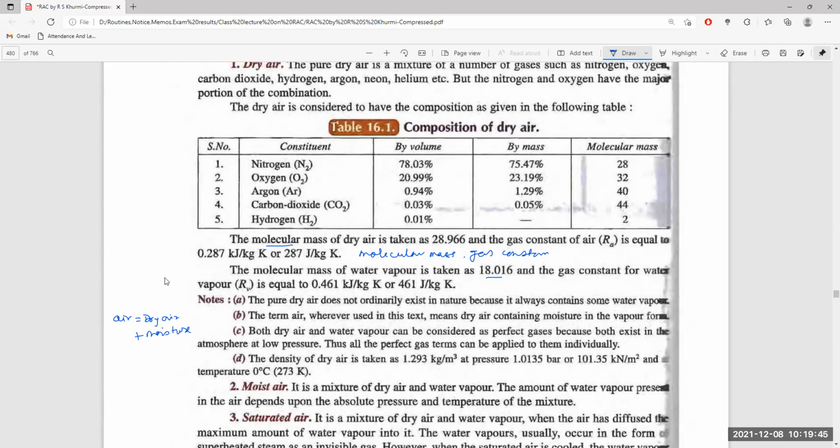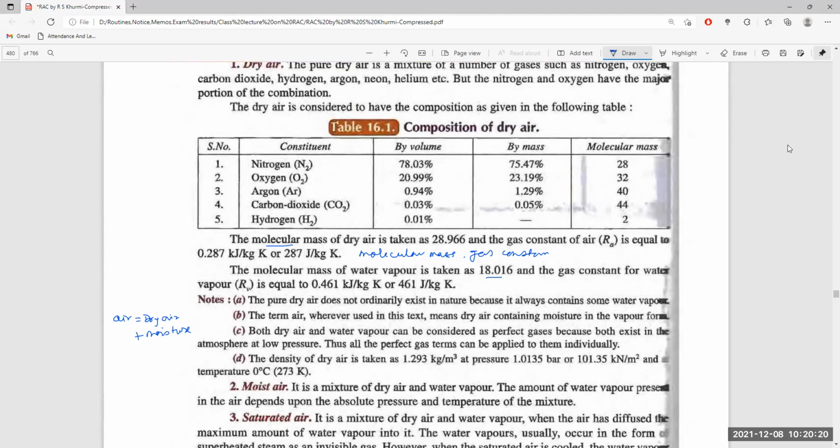The density of air is 1.293 kg per meter cube at a pressure of 1.013 bar, or 101.35 kilonewton per meter square, and at a temperature of 0 degrees centigrade, or 273 Kelvin.